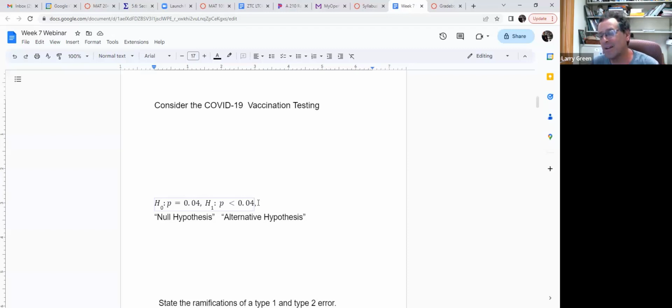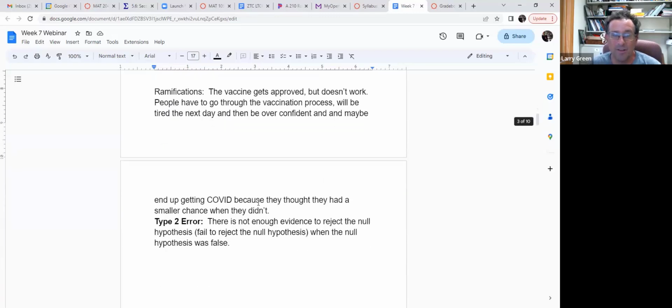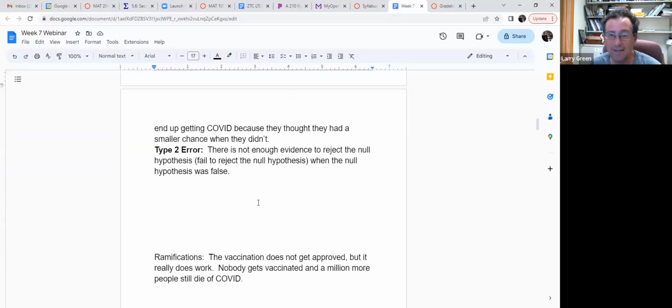Honestly, it turns out a type 2 error is probably worse in this case, because having a vaccine work and not being able to use it is actually worse than getting vaccinated and it doesn't do anything. Do you see? Okay, so the ramification of a type 2 error is a vaccination does not get approved, but it really does work.